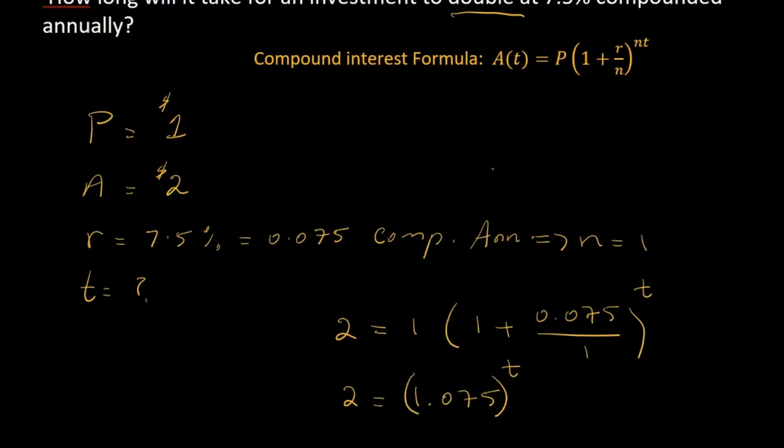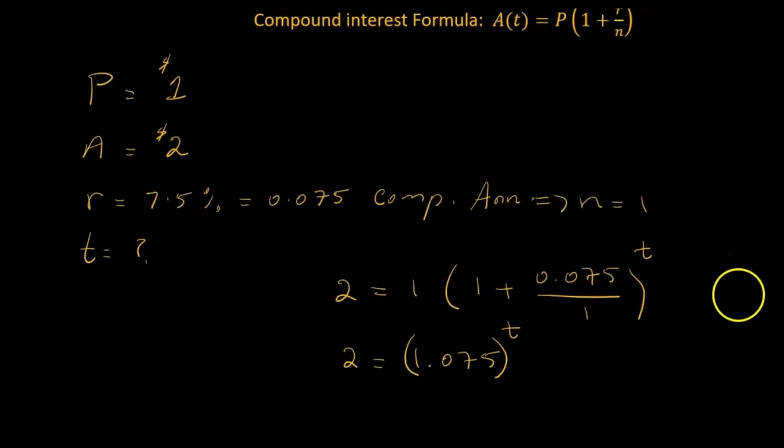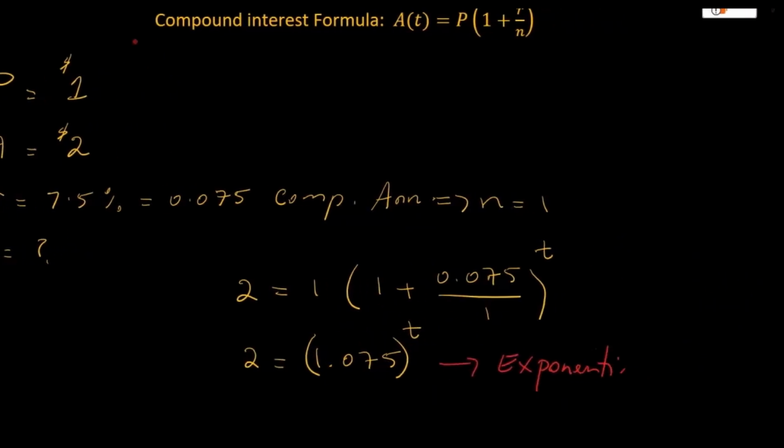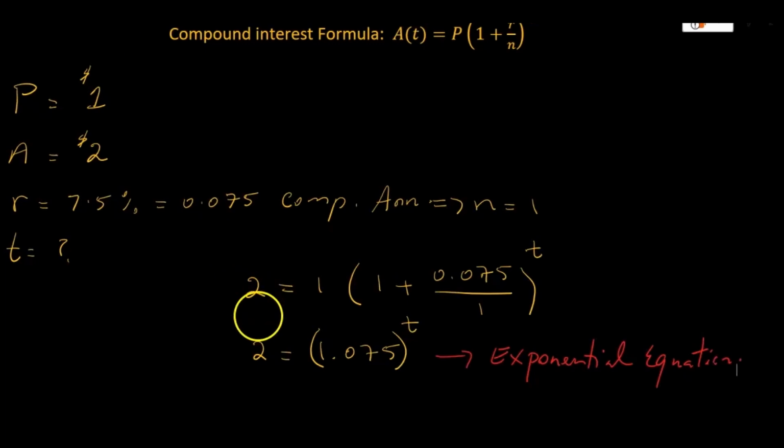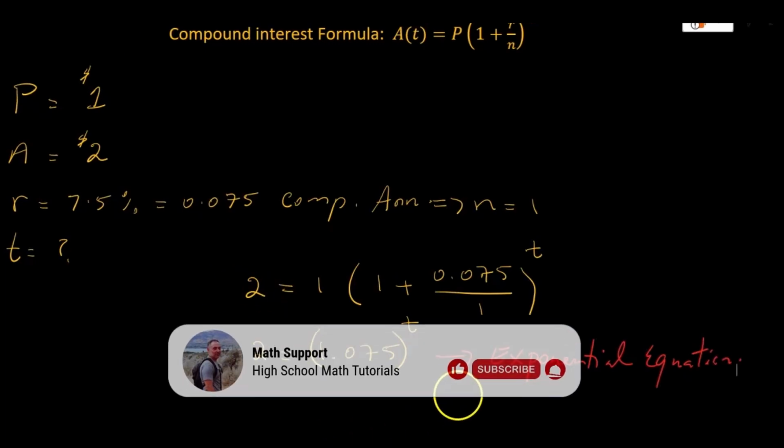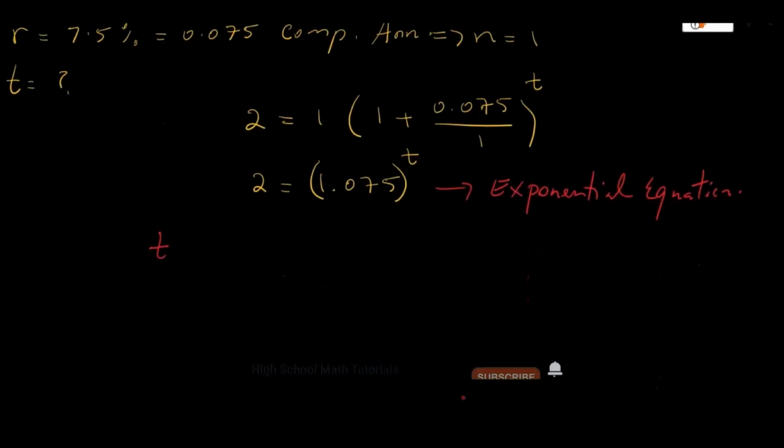If you are in Pre-Calculus 12 or Algebra 2, then you have to use a logarithmic law to solve this exponential equation. There's no other way to get the exact value. The other way is to use a table of values.